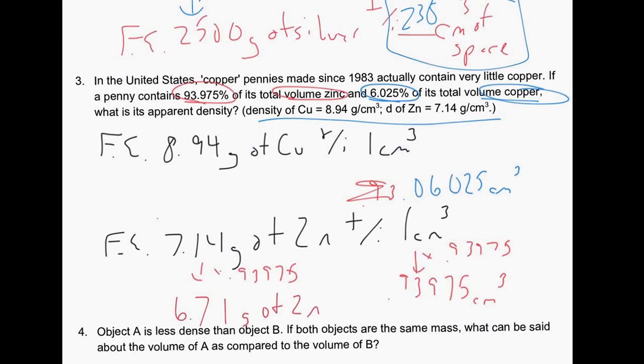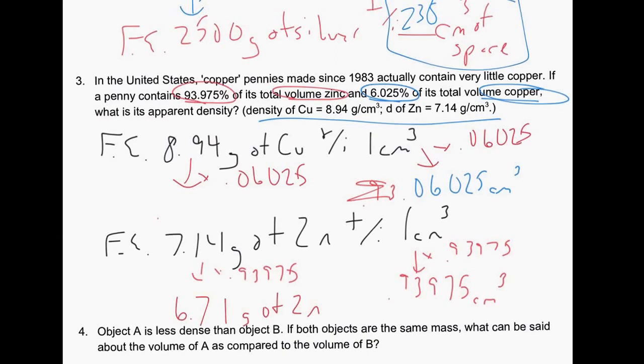And then the rest of it's going to be copper, so this will be times 0.06025, times 0.06025, and that is 0.539 grams.